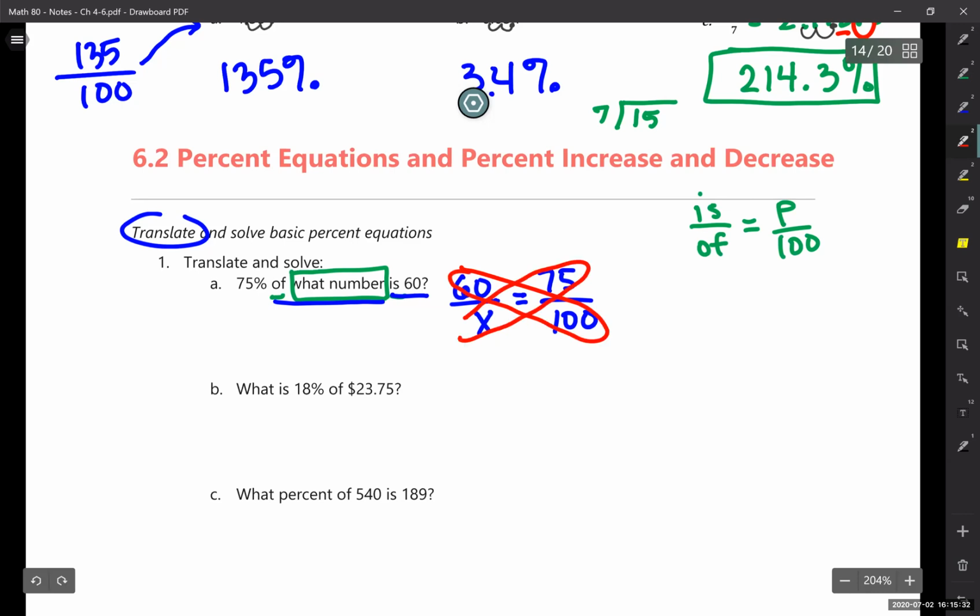So I'm going to write my equation, and it's going to be 60 times 100, which is a 6 with 3 zeros, equals 75 times x. So you multiply across those butterfly wings and we make an equation.